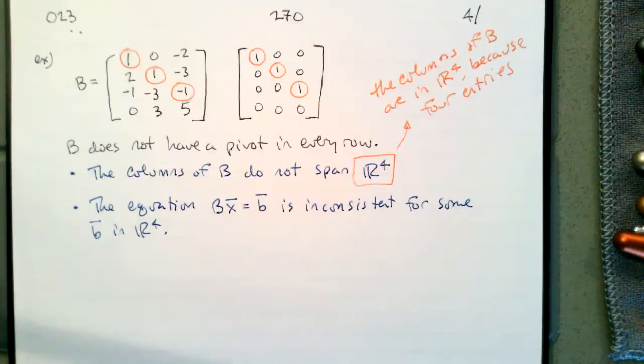This is the negation of consistent for all b in R4. One way to negate consistent for all b in R4 is to say inconsistent for some b in R4.